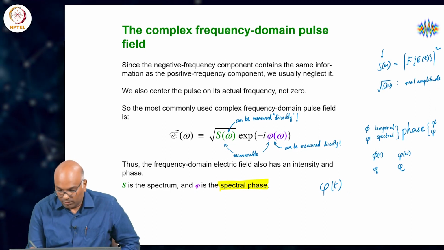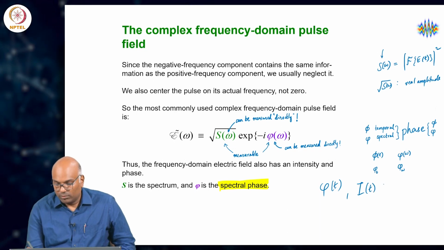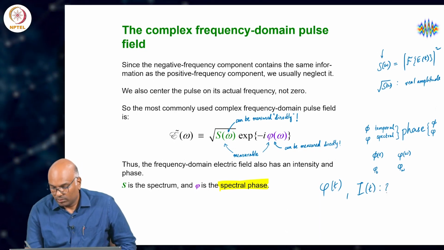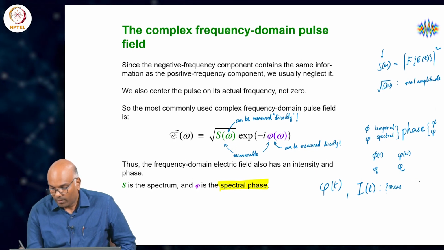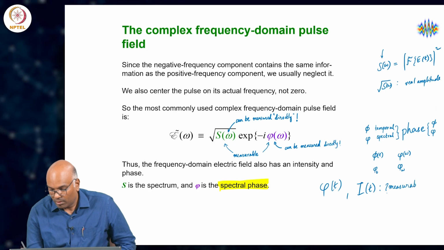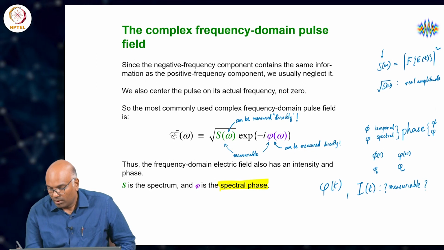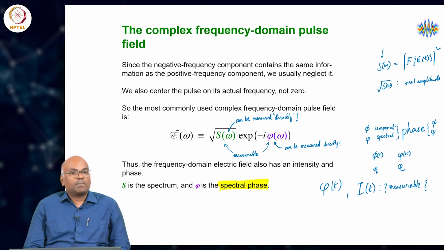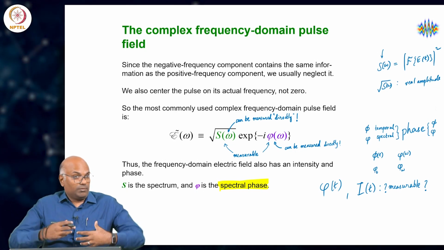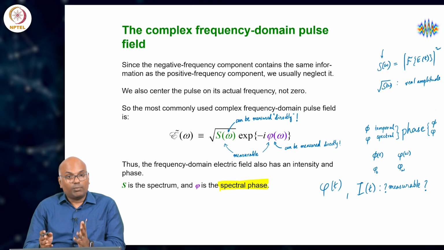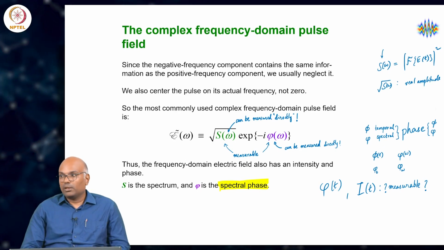And what about I of t? How measurable are these? That is to say, can I figure out a device that will measure the temporal variation of intensity or the envelope of the pulse directly?